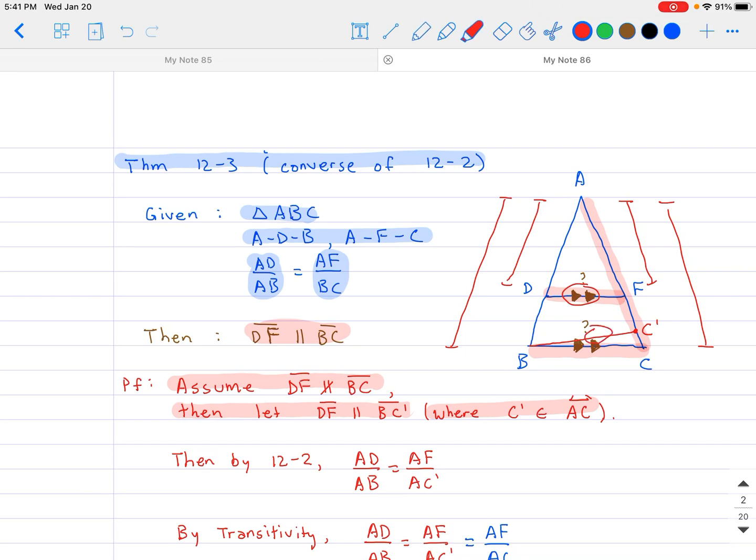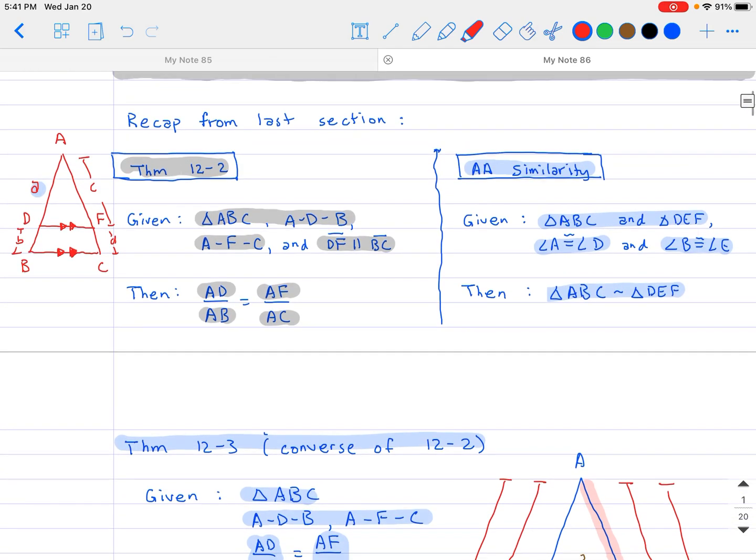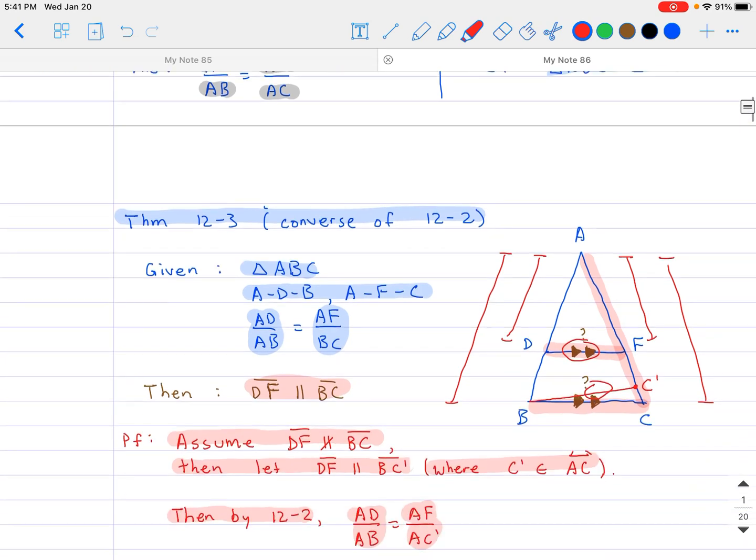Well, if we go by that assumption, then by theorem 12-2, AD divided by AB is equal to AF divided by AC prime. So then we have the proportionality just using theorem 12-2.